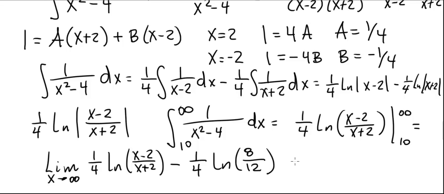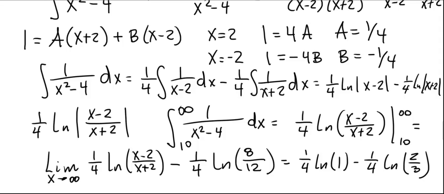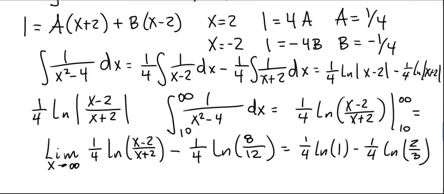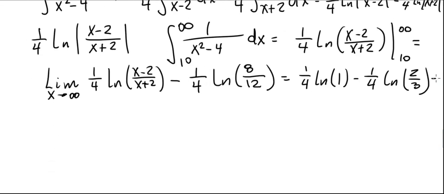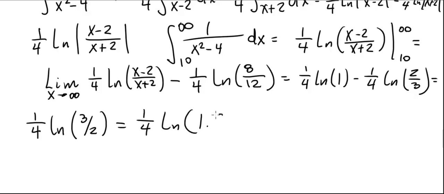And let's look at that limit. As x goes to infinity, x minus 2 over x plus 2 goes to 1. That's equal to 1/4 natural log of 1, and minus 1/4 times natural log of 8 over 12, which is 2/3. ln of 1 is equal to 0, and minus 1/4 ln of 2/3 can be rewritten as 1/4 ln of 3/2, or 1/4 times ln of 1.5.